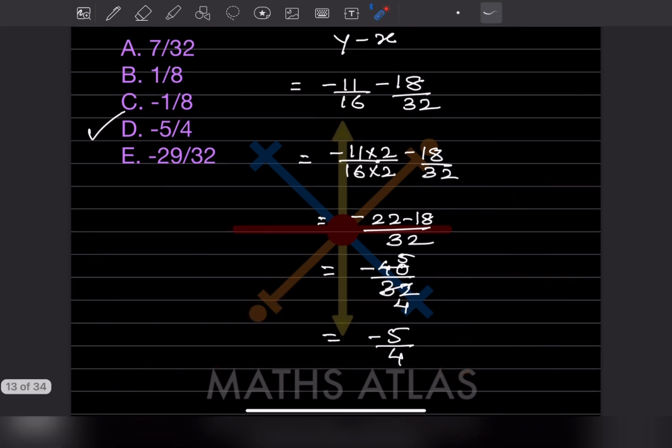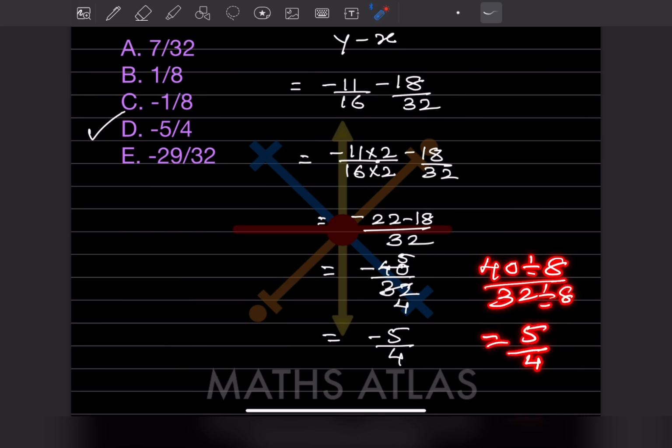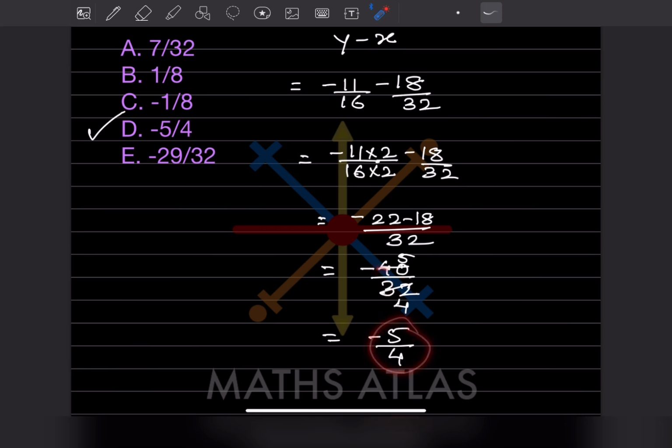So you are going to divide 40 by 8 and 32 by 8. That will be 5 divided by 4. 40 divided by 8 is 5, and 32 divided by 8 is 4. If you don't know directly, you can find out the HCF and do it. So this will be minus 5 by 4. So this is the option.